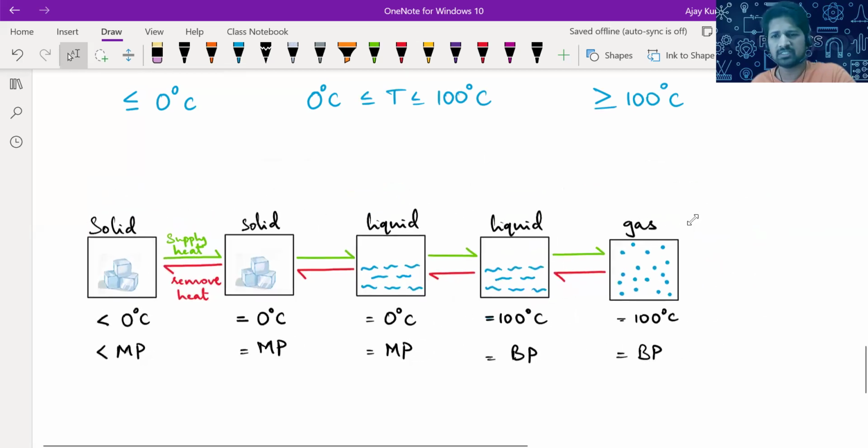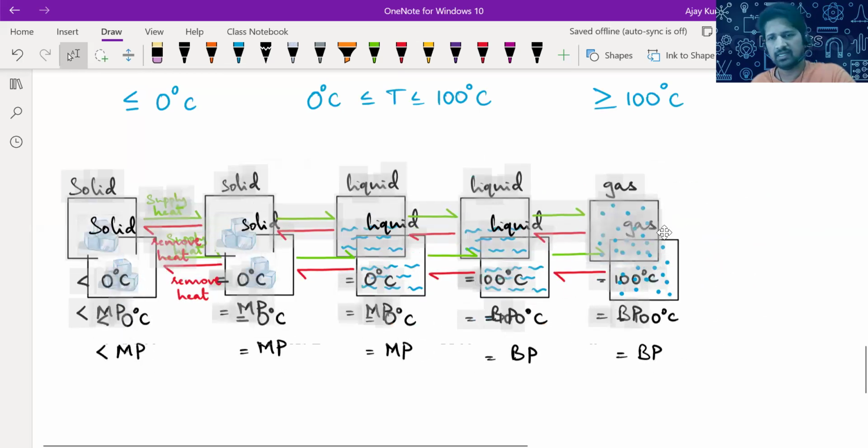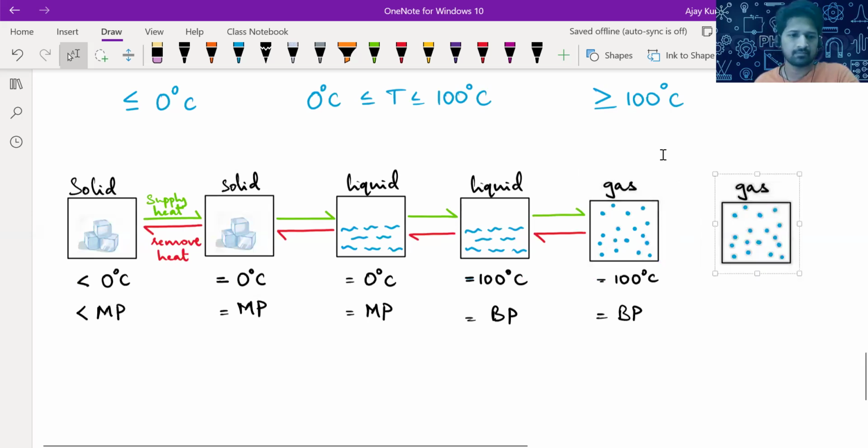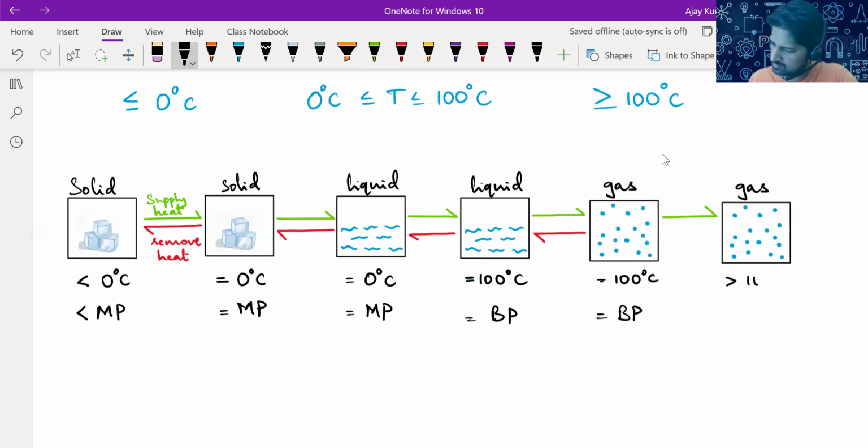Practical limitations will be there, but theoretically you can take a gas to any higher temperature than the boiling point. So these are the different stages that a material undergoes when you supply heat or remove heat from it.